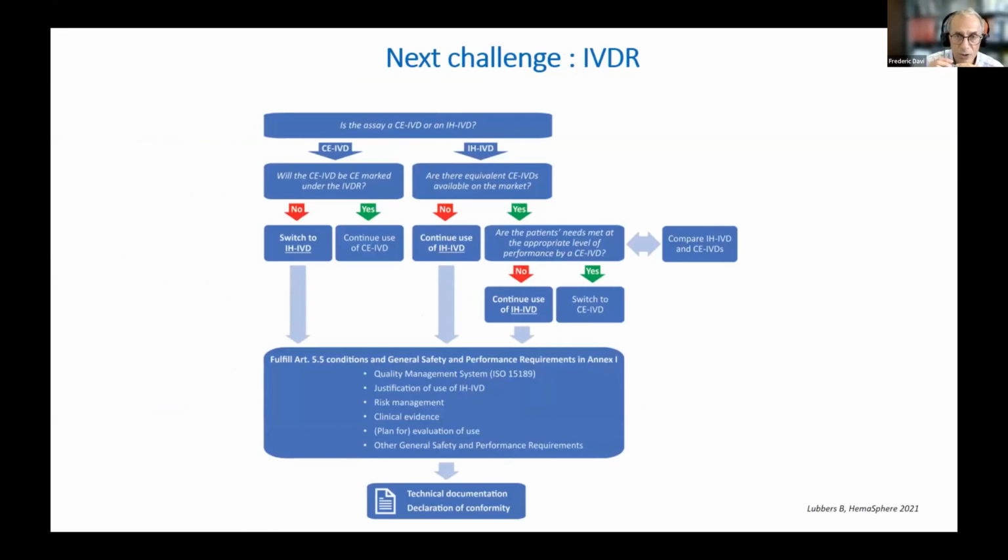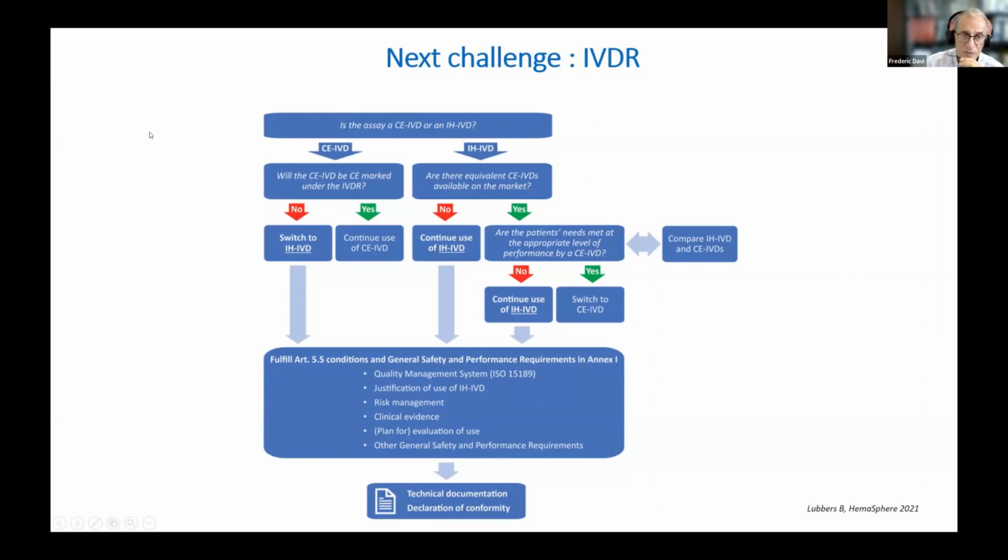Now, a big challenge for us, and I'm sure it will be discussed, is IVDR. A lot of the tests that we do are homemade, even if we follow exactly the recommendations, because for cost reasons we avoid buying kits. With the incoming IVDR, this will be absolutely impossible unless one can show that the test we perform is better than the one on the market, which means we will have to buy a lot of kits.